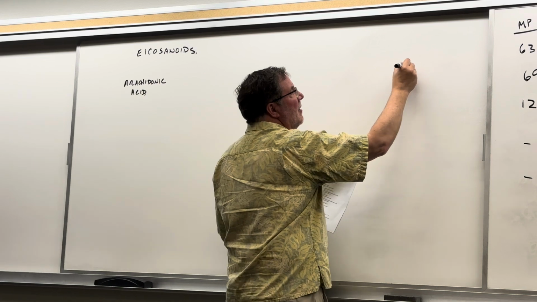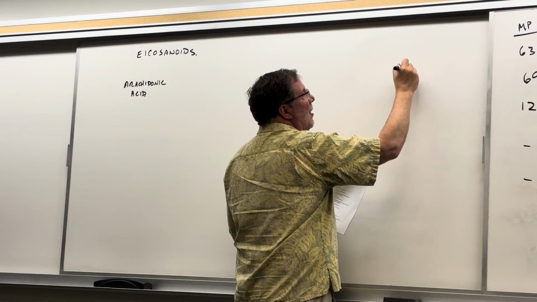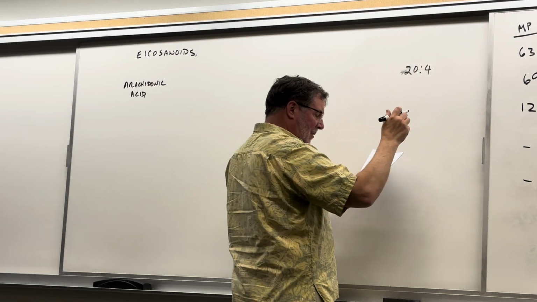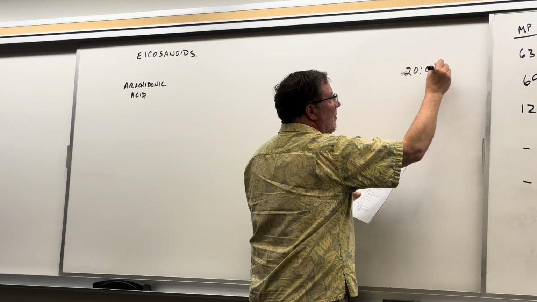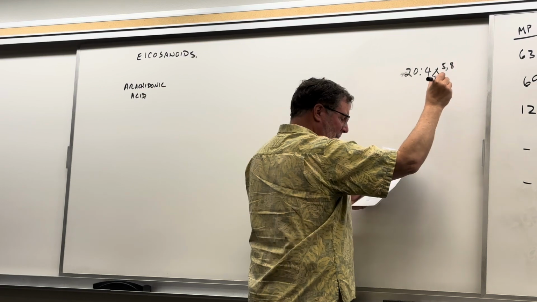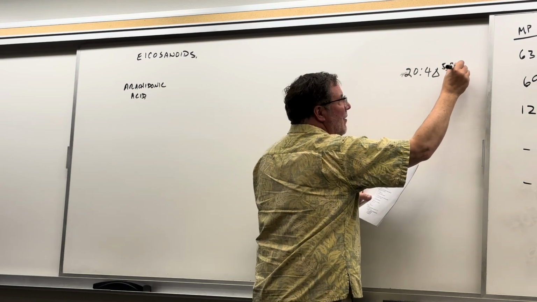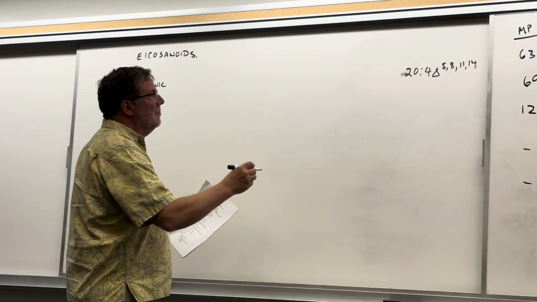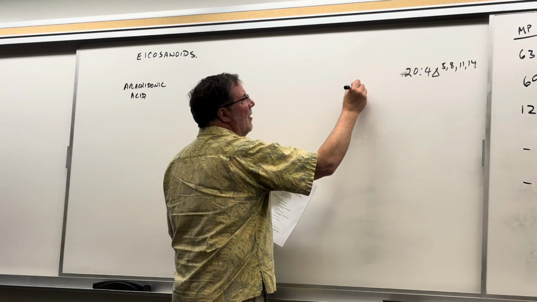Arachidonic acid is 24, delta 5, 8, 11, and 14. So what's that look like?